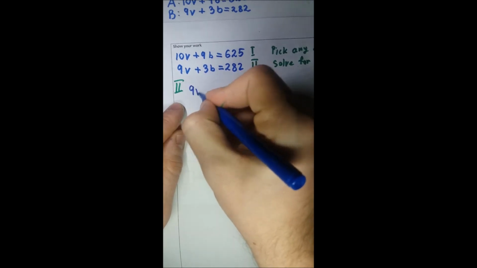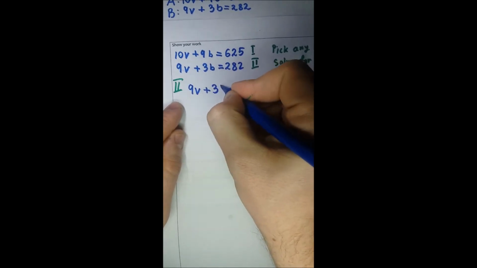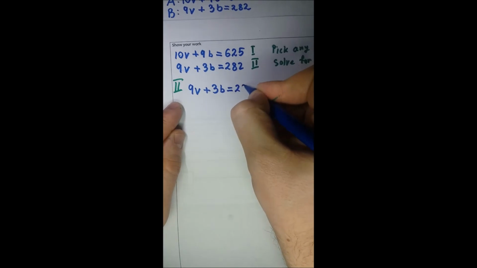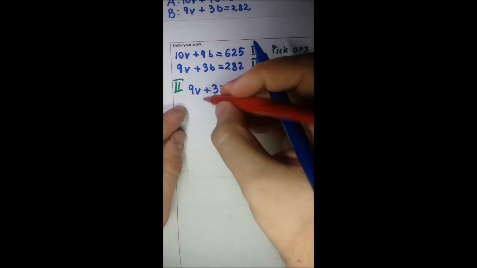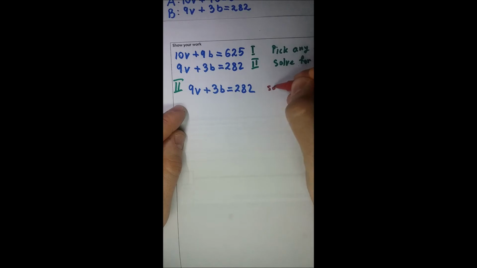So I'm going to write down 9V plus 3B equals 282. Now, I'd say the best thing to do here is to solve for the smallest one. So I'm going to choose to solve for B. Okay?